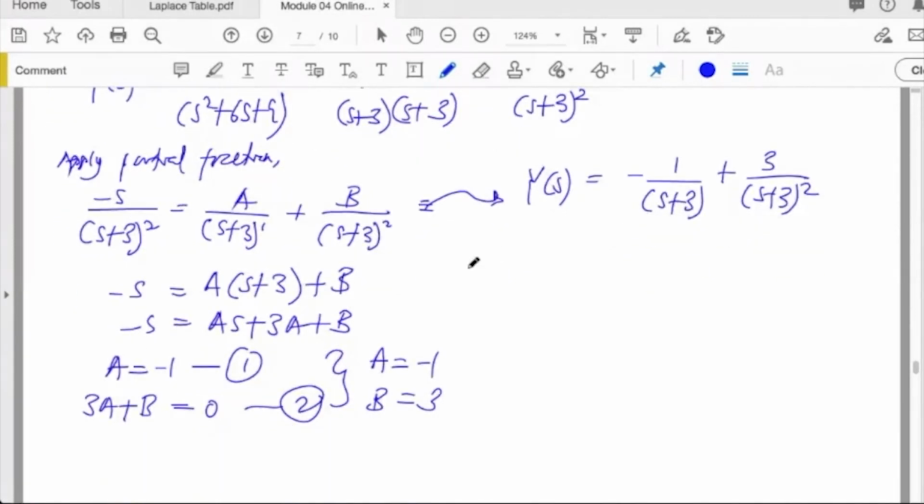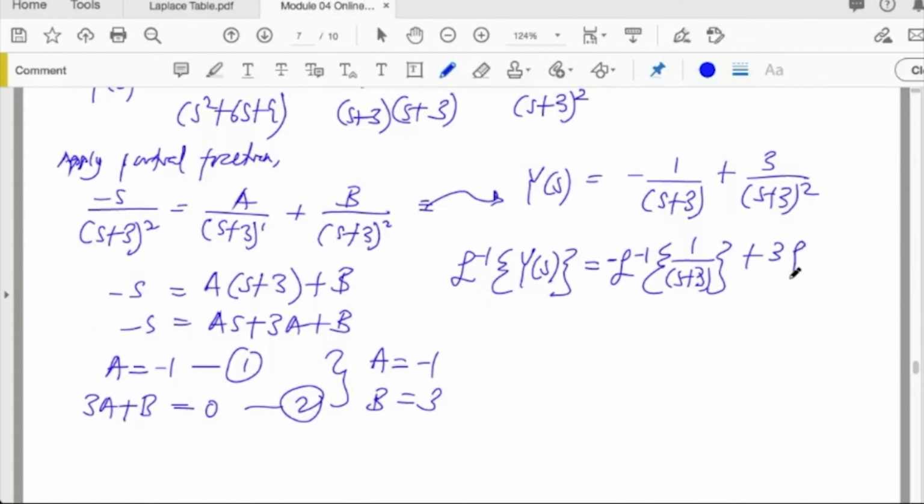We apply the inverse Laplace on Y(s). The negative part you can bring outside, so we only apply it to 1 over s plus 3. The 3 is a constant you can bring outside, so we apply the inverse Laplace to 1 over (s plus 3) squared.